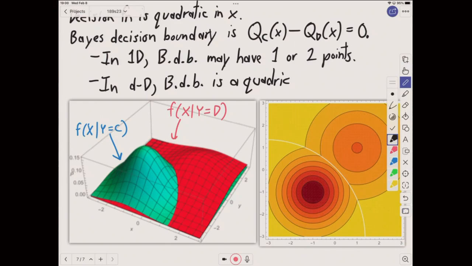And the feature space is, well, here's one feature. Here's the second feature. Vertical direction is the PDFs.